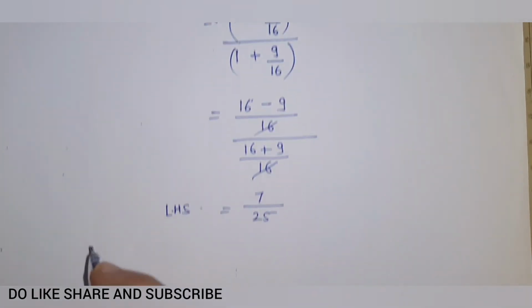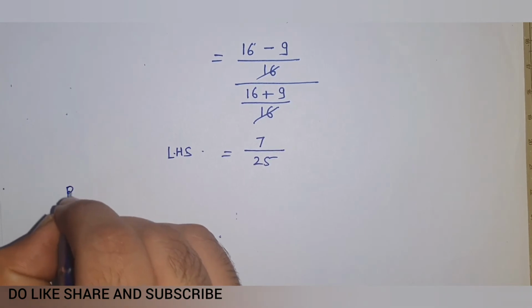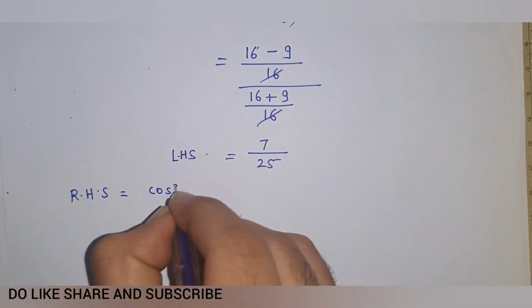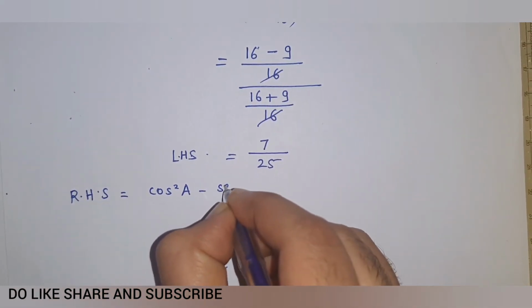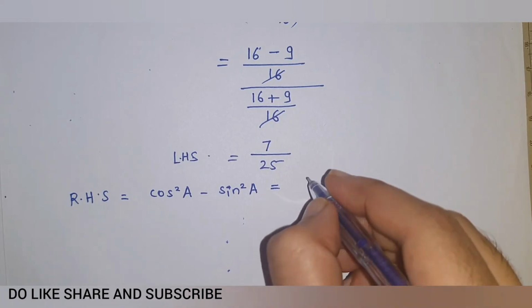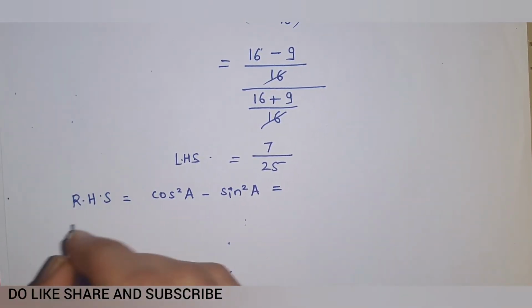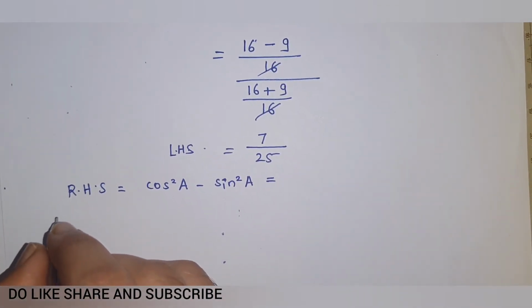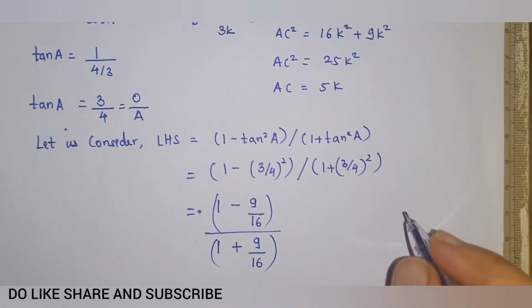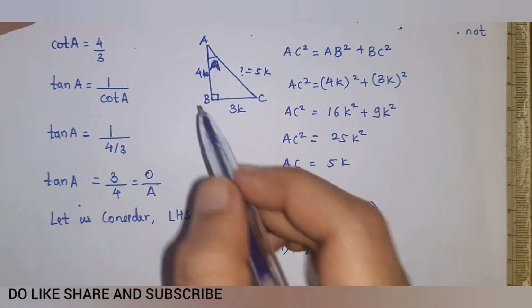Now taking RHS is equal to cos square A minus sin square A. Here we have to calculate the value of cos A and sin A before calculating. So we'll take the help of this triangle.